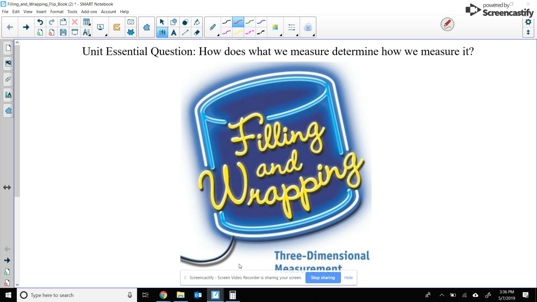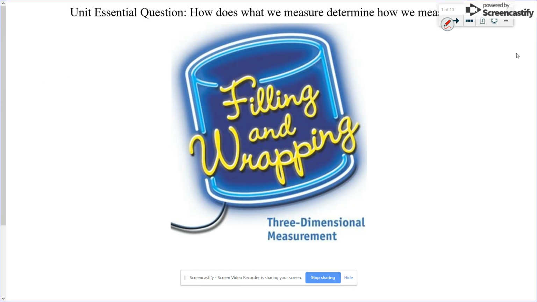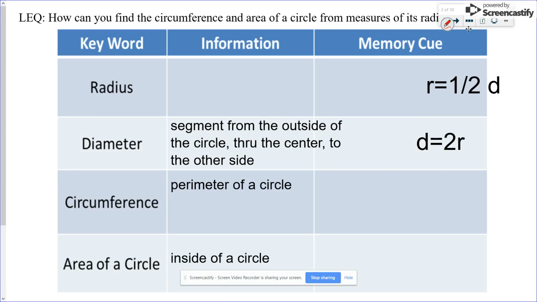So today we're going to talk about how to find the surface area of a cylinder. To do that, we need to review some of our terms from our circles. Remember that radius is the distance from the center of the circle to the edge.